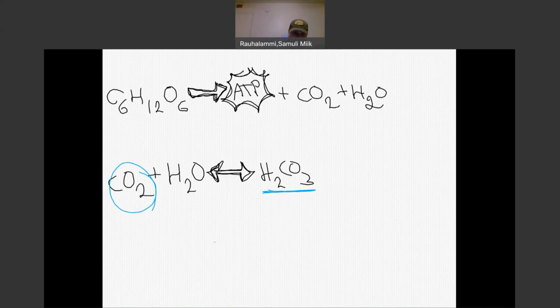Well, carbonic acid can be further converted, and again this conversion can go back in the other direction, so it's a two-way conversion that can happen, and we can make bicarbonate.